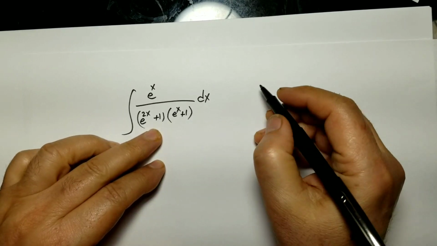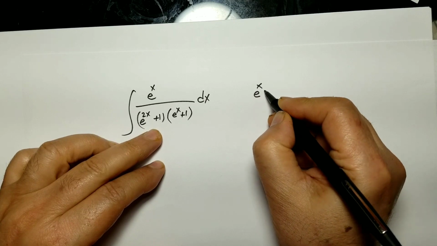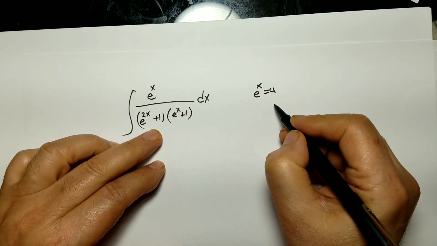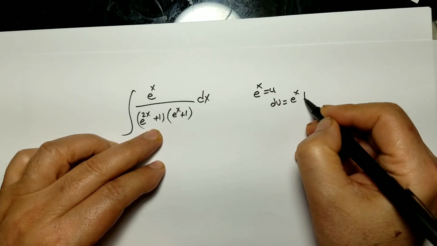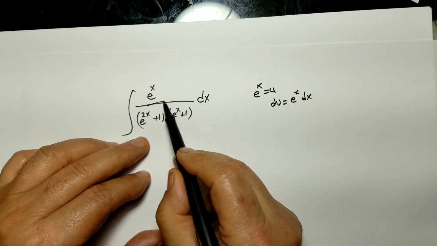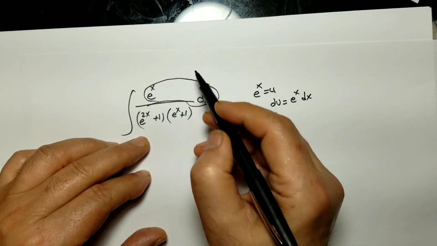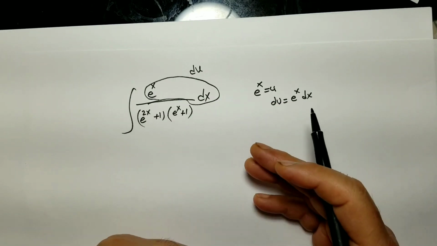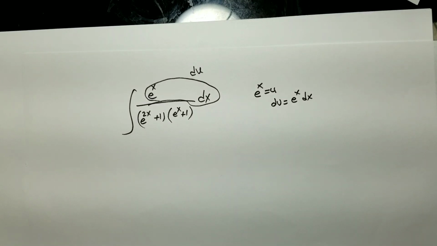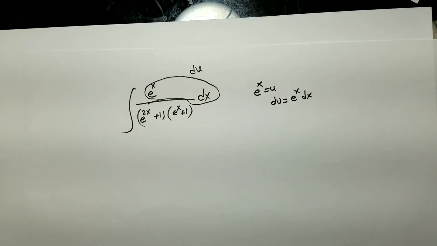Therefore, if I make e to the power of x become u, your du is e to the power of x dx, which you do have on the top. Therefore, this is your du. I make a transformation: instead of using x to represent my function, I'm going to use u.